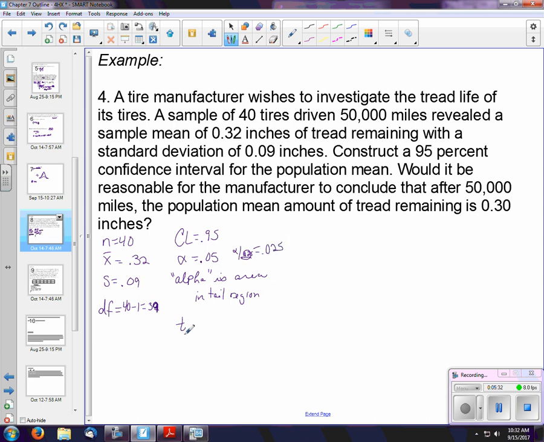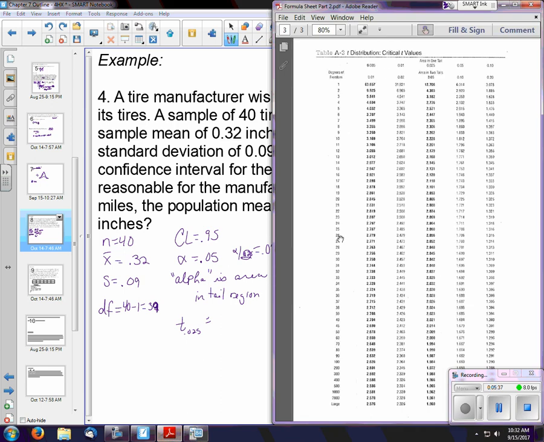We go to our table and look up 39 degrees of freedom, which is way down here. And if you look at the top, it gives us area in one tail versus area in two tails. Technically, if alpha is the area in the tail region, and this is split over both sides, that means there's 5% in both tails.